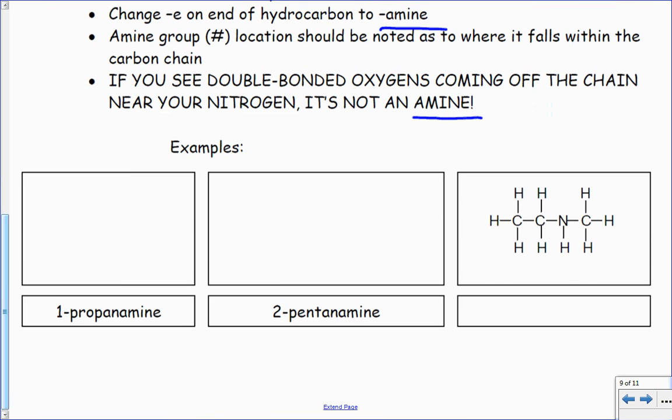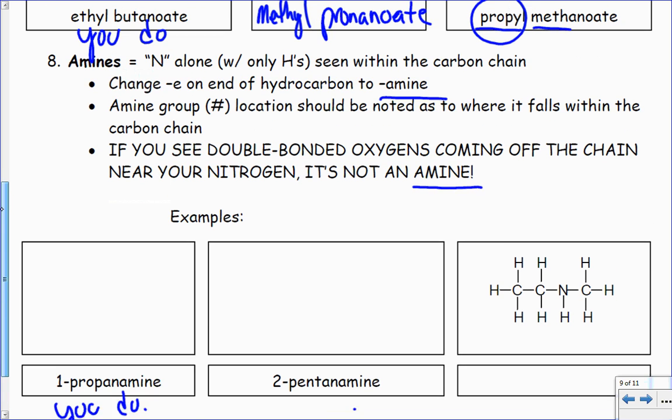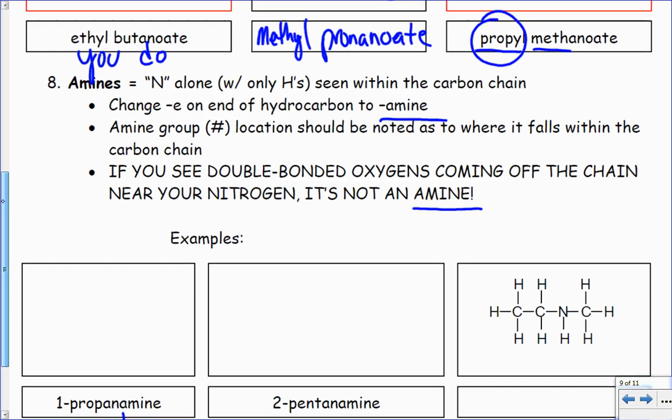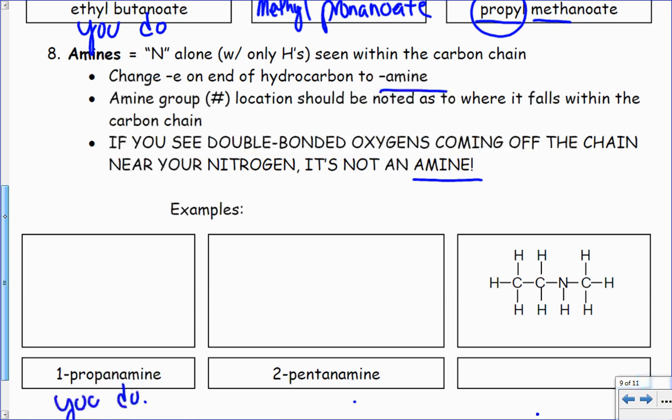So let's see. 1 propanamine to pent. I'm going to leave the 1 propanamine as yours, and I'll do the next 2. So 2 pentanamine. All right, so pent, 5 carbons. Check to make sure I draw right.